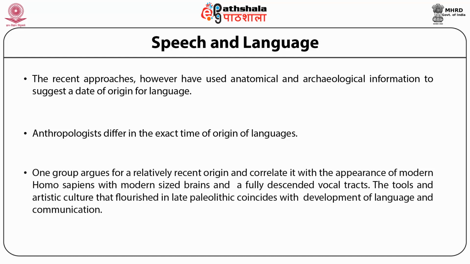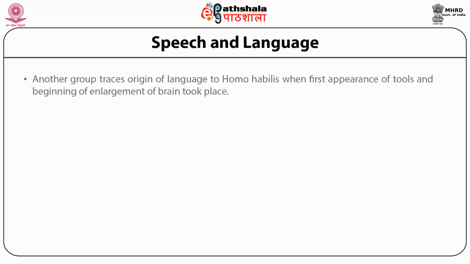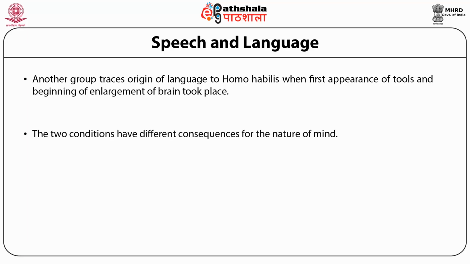One group argues for a relatively recent origin and correlates it with the appearance of modern Homo sapiens with a modern-sized brain and fully descended vocal tract. Another group traces the origin of language to Homo habilis, when the first appearance of tools and the beginning of enlargement of the brain took place. The two conditions have different consequences for the nature of mind.